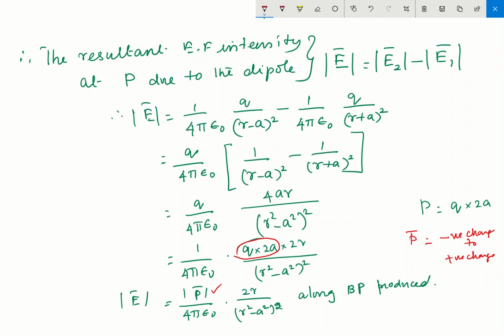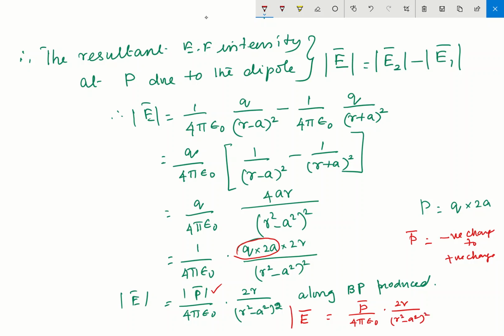What is the electric field intensity direction? That is also towards the right, along BP produced. Therefore, if I want to write the vector form of E, it is in the direction of P only. So E equals P by 4 pi epsilon naught into 2R by r squared minus a squared the whole squared.